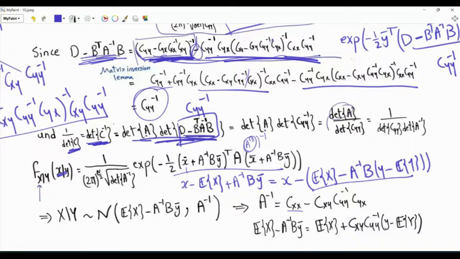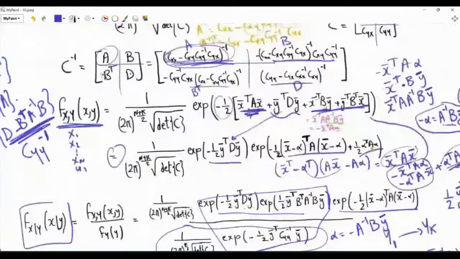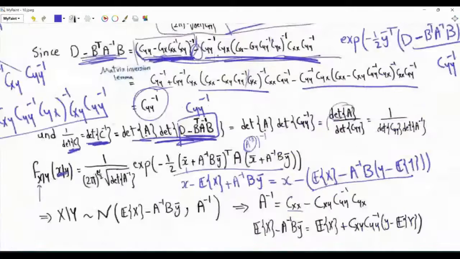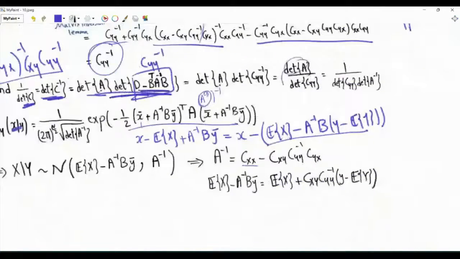Here we have A. So the covariance matrix, or the conditional covariance matrix given y, is basically A inverse. And from the very beginning, we know that A inverse is Cxx minus Cxy, Cyy inverse Cyx, which is this. So this thing is the covariance of x given y.